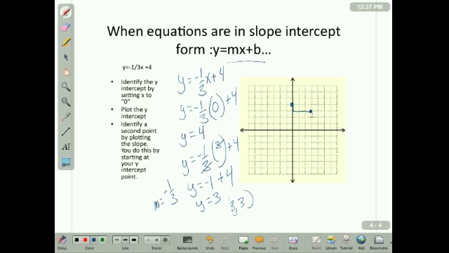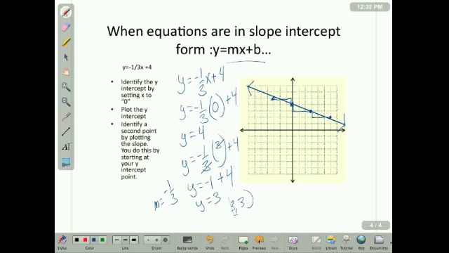I can continue this pattern to find my additional points, and I could go up 1 and to the left 3. And again, I found my points. So there I've got 4 points. I extend my line to intersect all those points. And once again, I want to make sure that I put arrow ends on both sides.